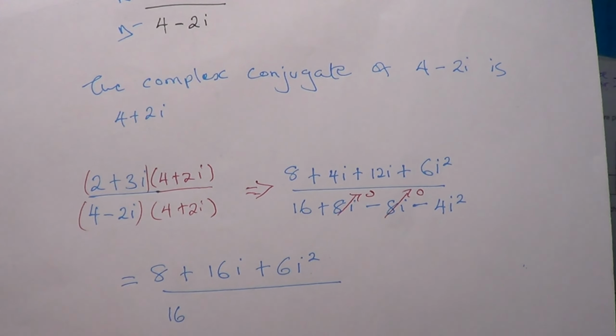So we are going to remain at 16 minus 4i squared.